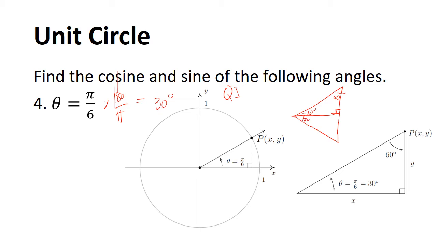Ang mangyayari, dahil 30 and 30, this is equal to 60. And 60, 60, 60, the bigger triangle is actually an equilateral triangle. At pag equilateral or equiangular, all the sides are equal. Tama ba? And as you can see, dahil symmetric siya, itong common side, dinedivide niya itong side na to into 2.